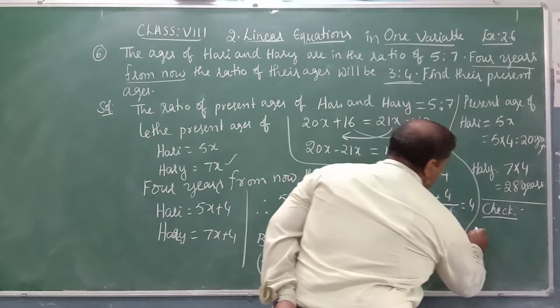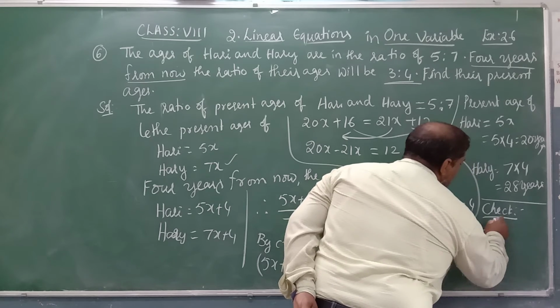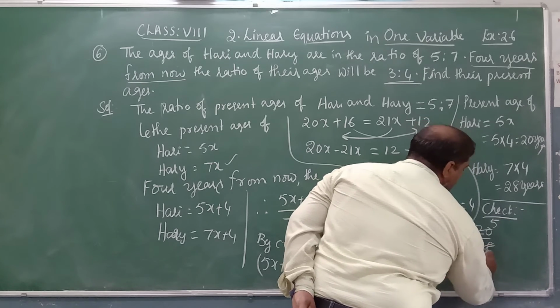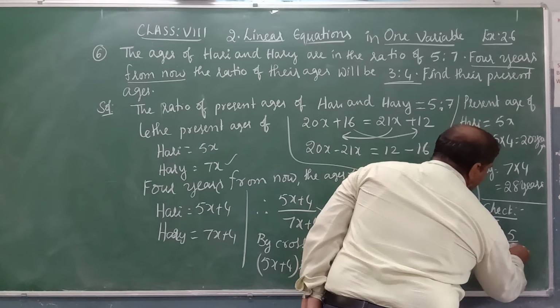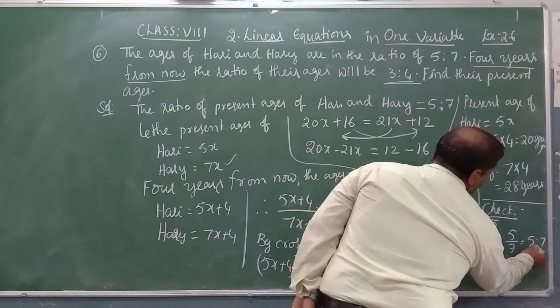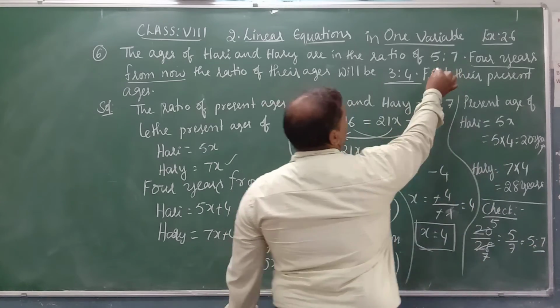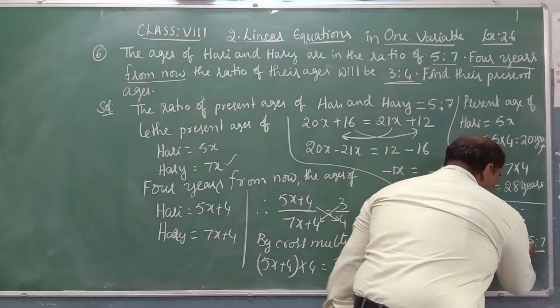Find the ratio, that is 20 by 28. 4 5s are 20, 4 7s are 28, that is 5 by 7, which is 5 is to 7. So the ratio of their present ages is given as 5 is to 7, and we got the same 5 is to 7.